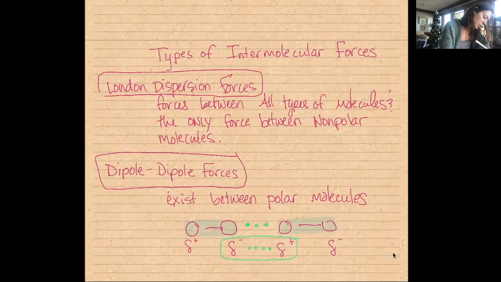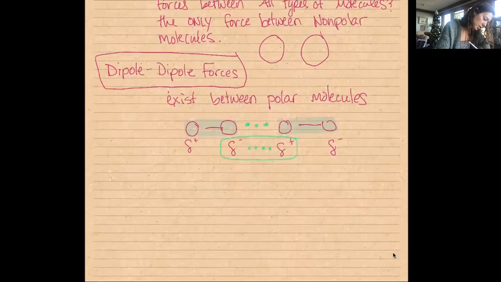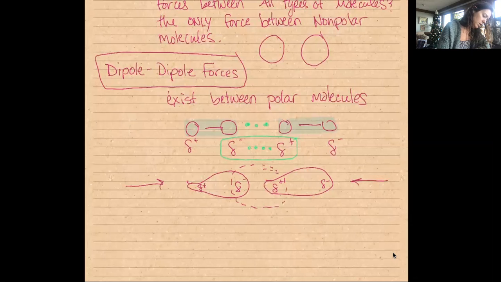For our London dispersion forces, guys, we don't have any poles. Sorry, I'm just redoing this. This is my partial negative, partial positive. So right here, we have a force of attraction between the polar molecules. This is a much better drawing than the original one.